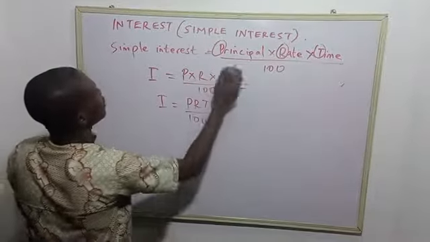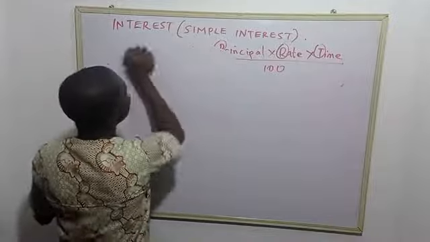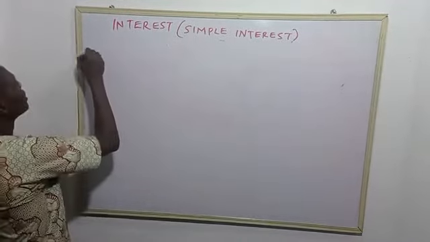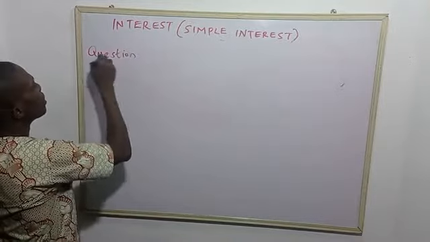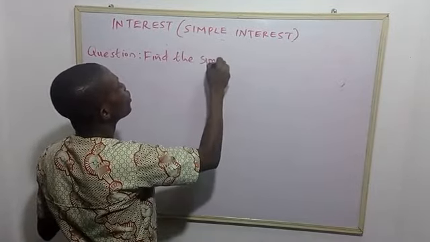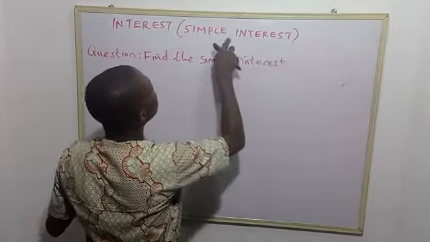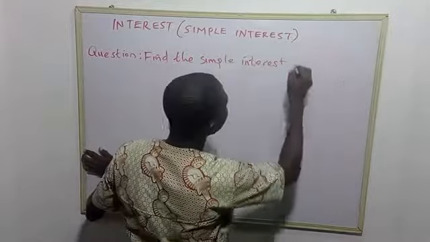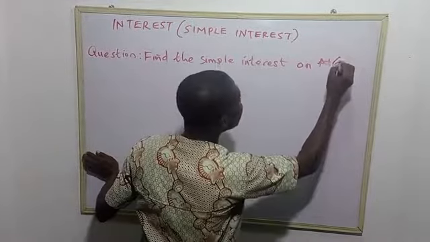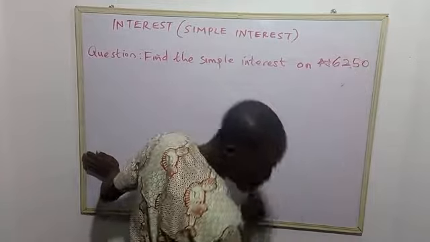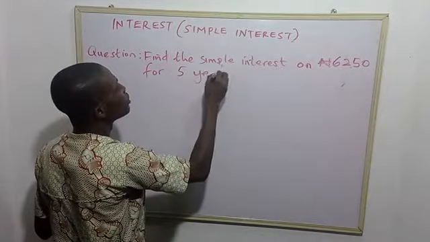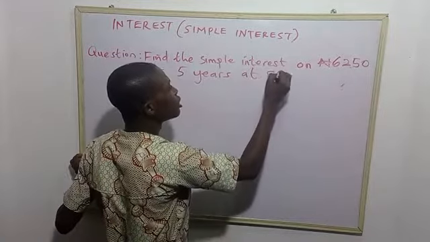Okay, so the question like, okay, find the simple interest on 6,250 for 5 years at 8%.